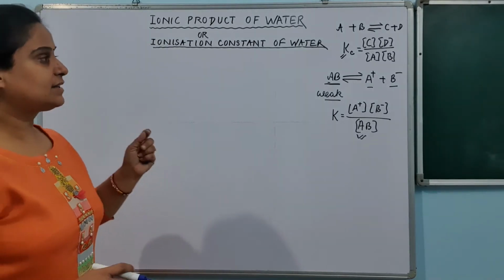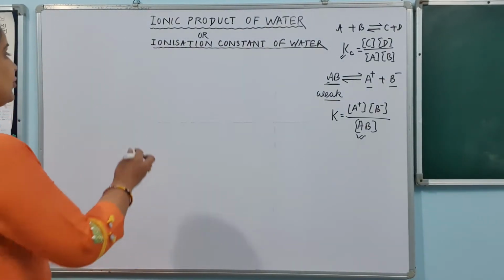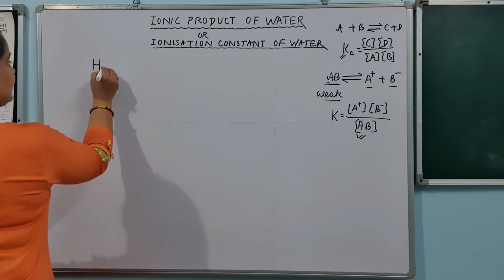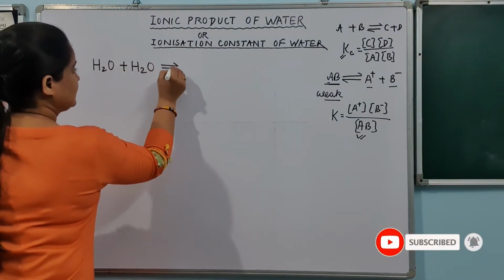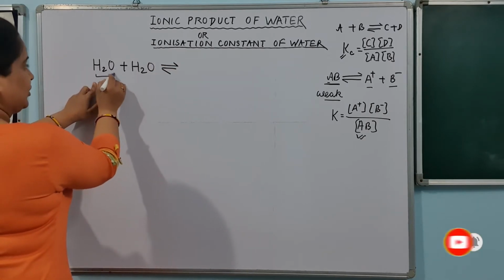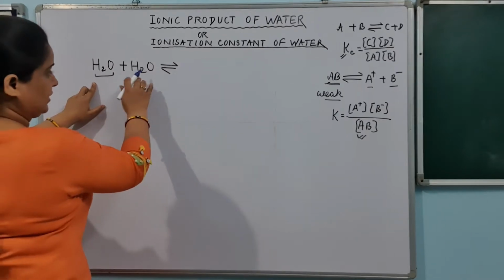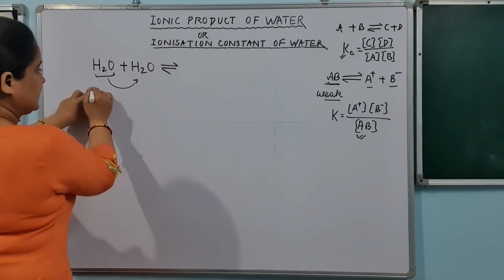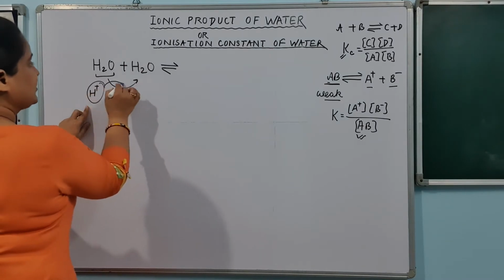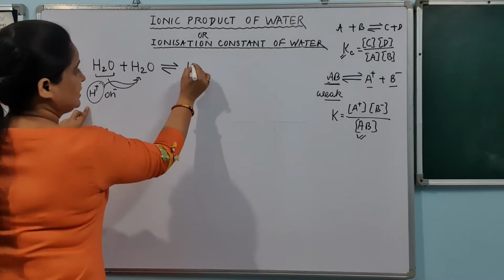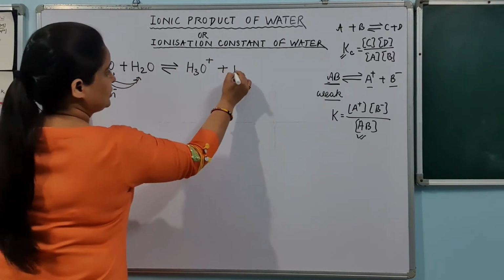We have seen this in the chapter called hydrogen, in which we studied the properties of water, and we have gone through this reaction that water itself gets ionized, like one water molecule gives its one H plus ion to another water molecule, that is, H plus and OH minus, it will dissociate. This H plus will be given to this H2O, so that this will convert into H3O plus, and what is left out?